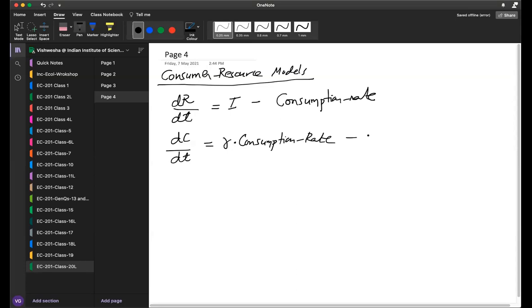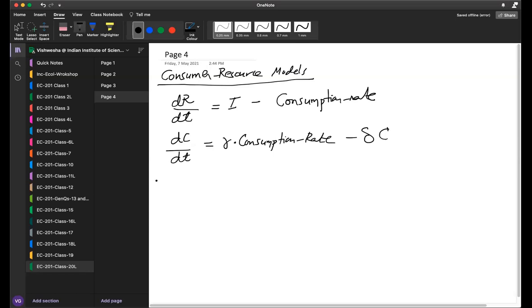However, let's assume there's a natural mortality of the consumers, which we write as delta times C. So we have explicitly accounted for resources and the consumers.